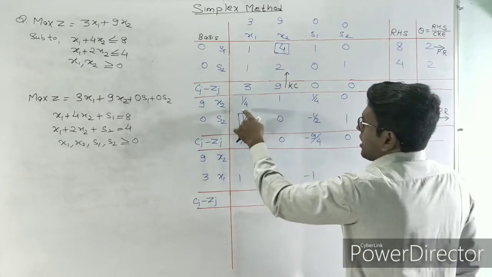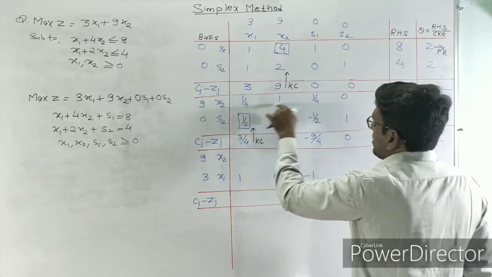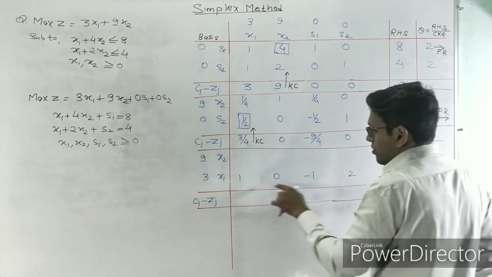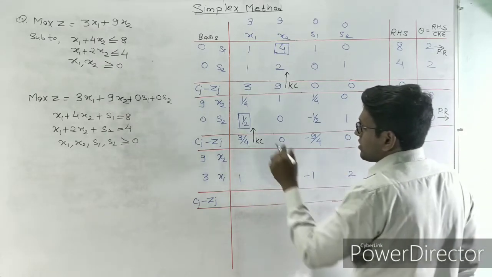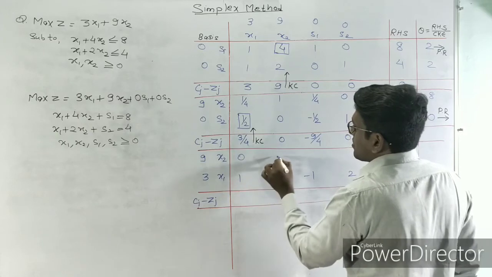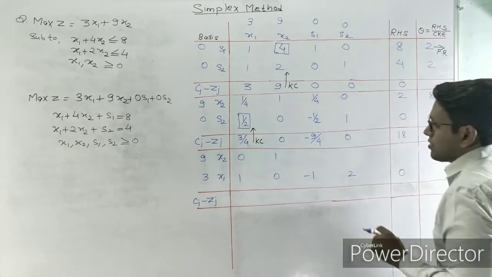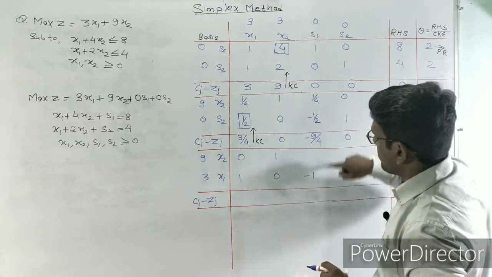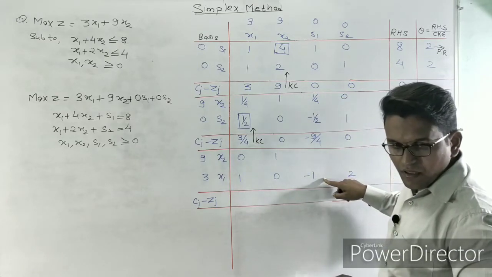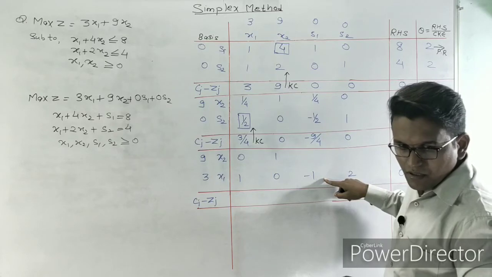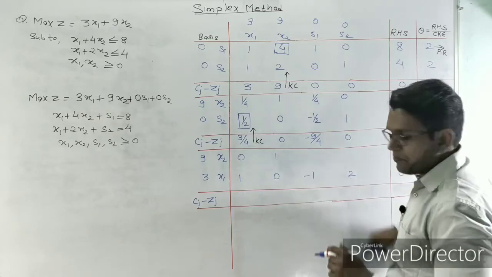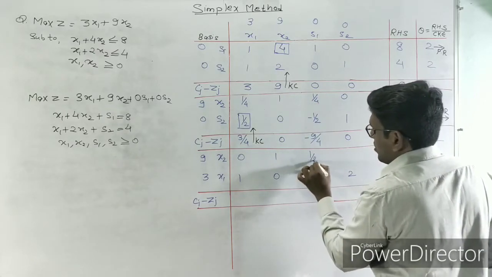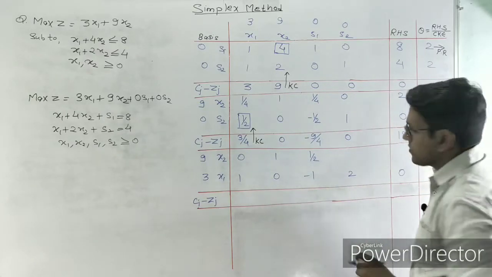Similarly here I can see that row 1 minus 1 by 4 times the new row 2. Okay, so this will be 0, this will be 1, this row minus 1 by 4 times of this row, this will be 1 by 2, this is 1 by 2, this is 1 by 2.